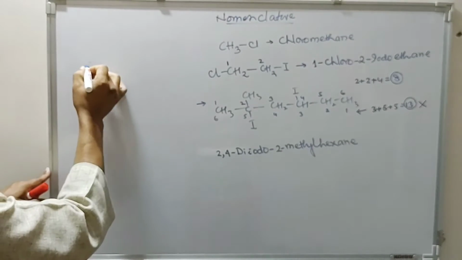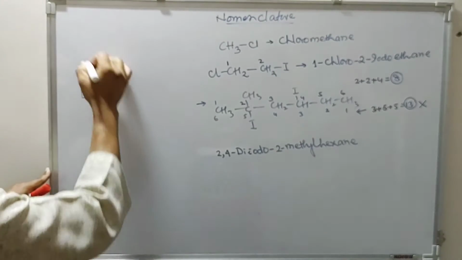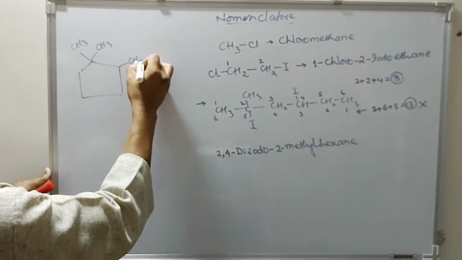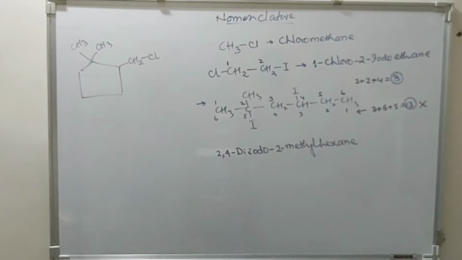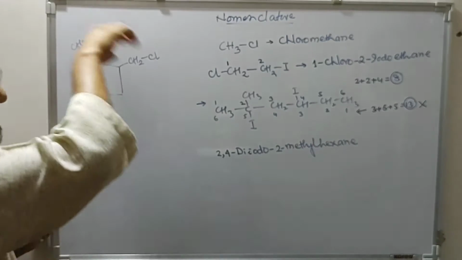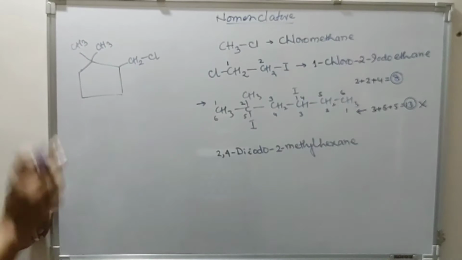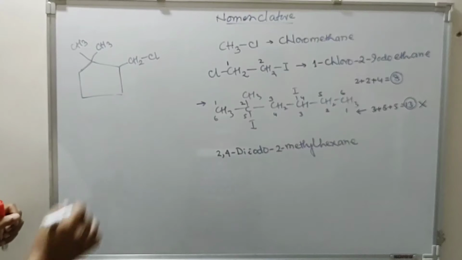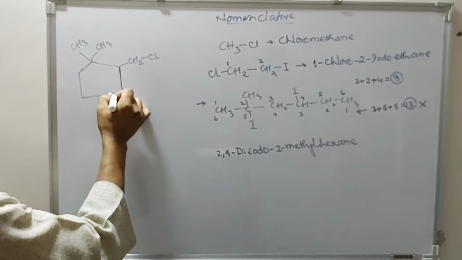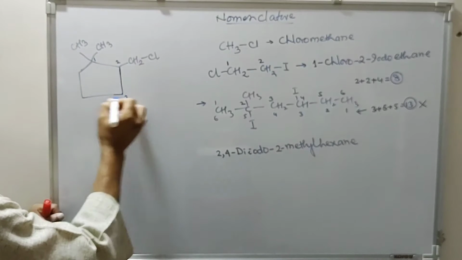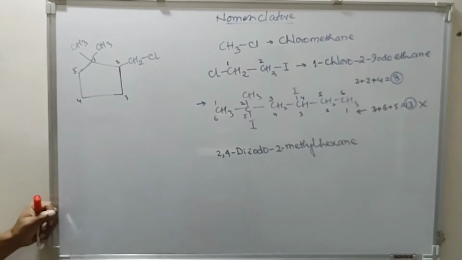Similarly, I'll take one more example here. It is CH3, CH2Cl. Now we have this. The ring carbon contains 5 carbons, so the ring should be considered as the parent because the side chain contains only one carbon. The number of carbons in the ring is more, so the ring is to be considered as the parent chain. Now we have to identify the locations. So this carbon is named as carbon number 1, 2, 3, 4, 5.